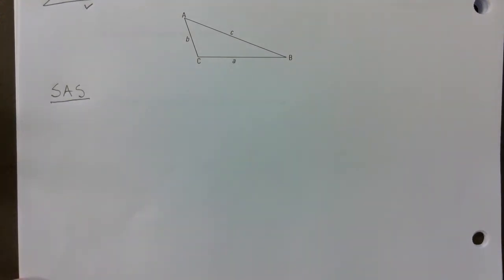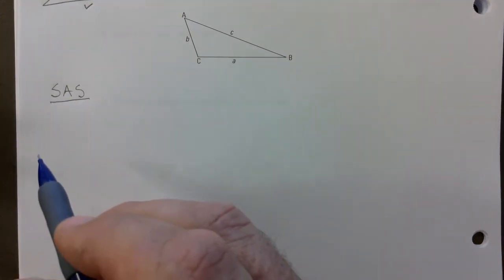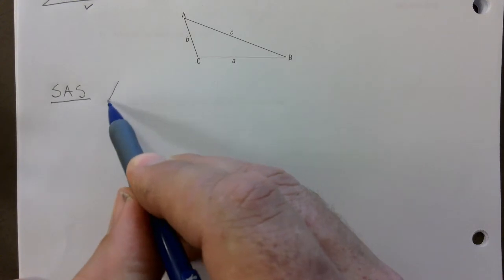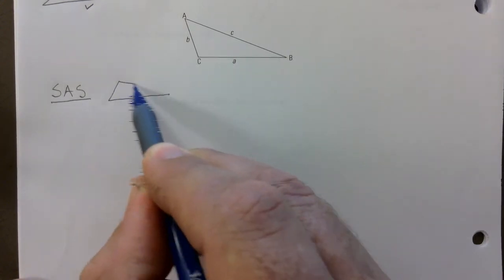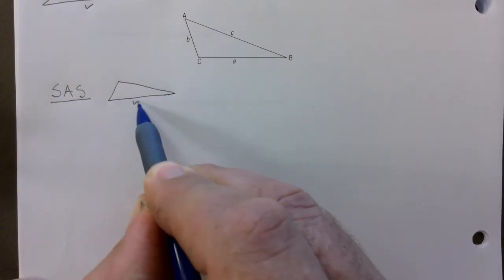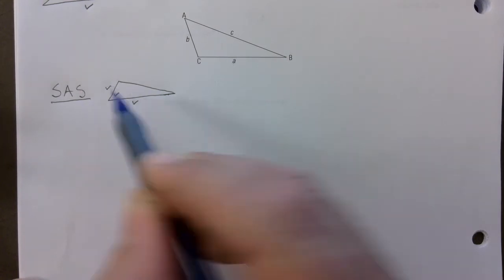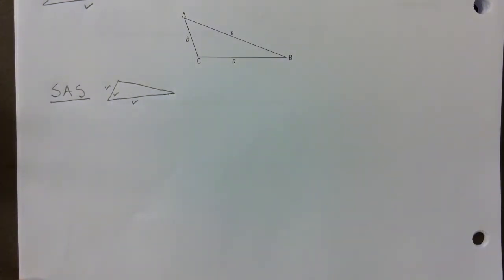If you have an SAS scenario, a triangle like that, where you have the side, the angle in between them, and another side, you will do as follows.